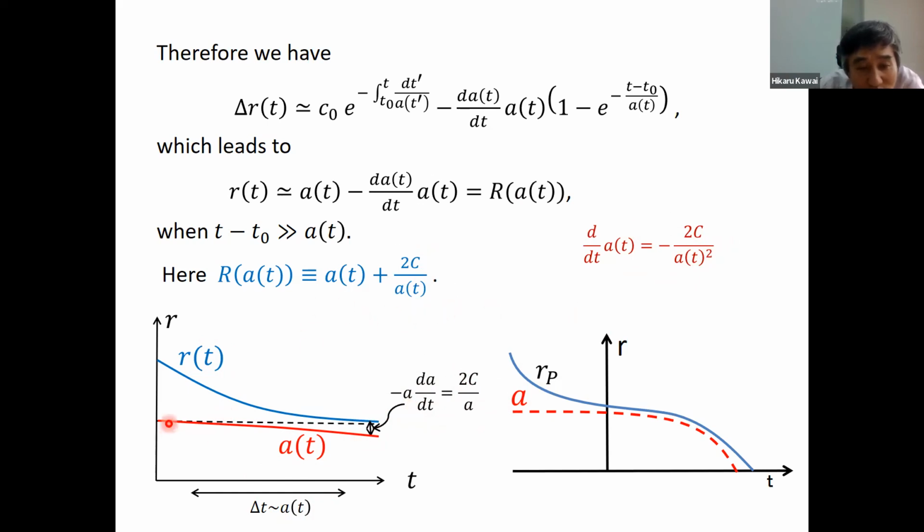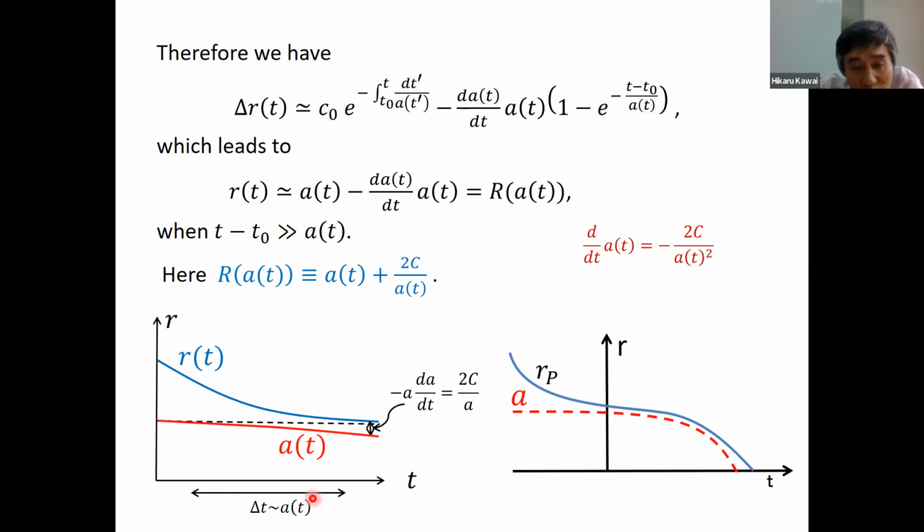So A(t) is shrinking to 0, but R is coming close to A. But the distance between R and A is about 2c over A. So this means the shell or particle can never go across the horizon.